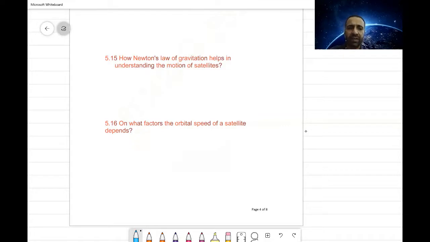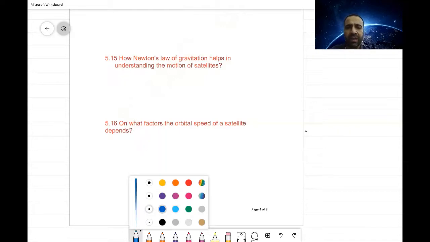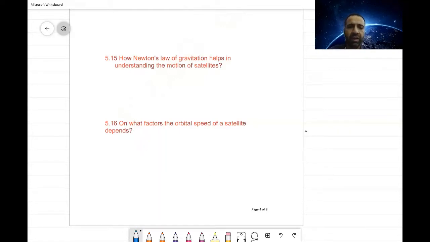The next question is on what factors the orbital speed of the satellite depends. If you remember one of the last equations of the chapter which I was explaining to you, for the V orbital, we have V naught, and it was equal to the square root of G M over R plus H. So you can easily tell that it depends on the altitude.